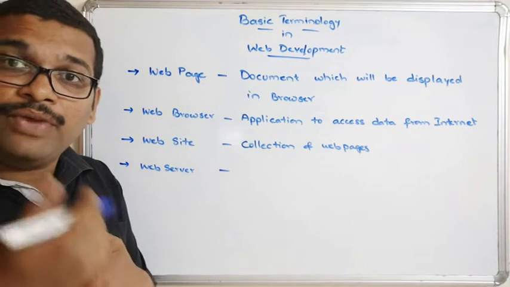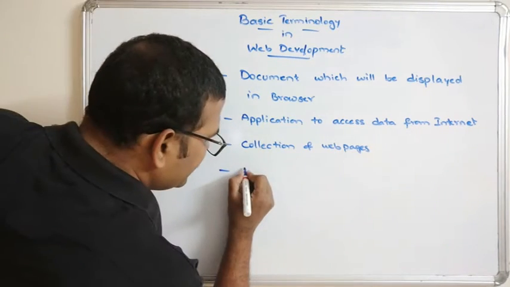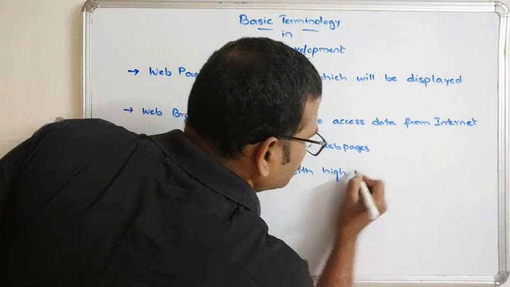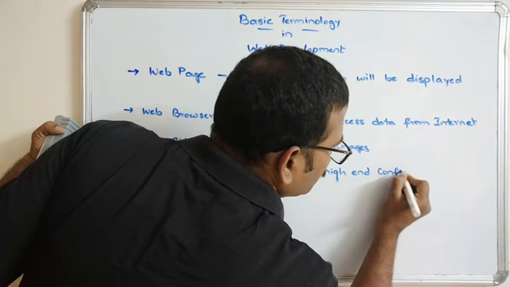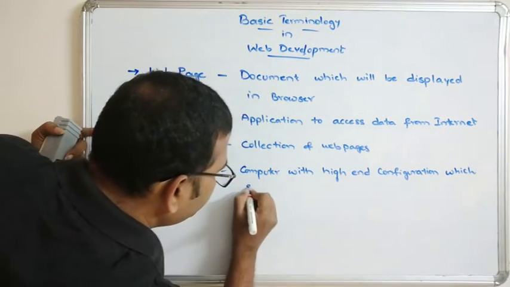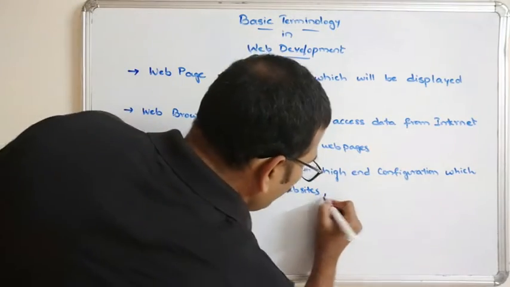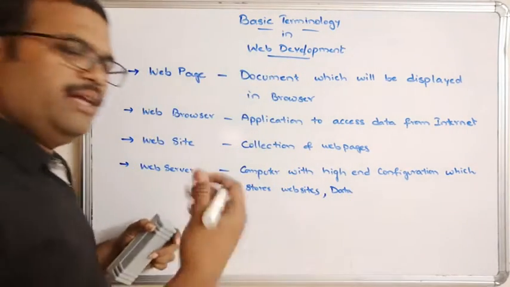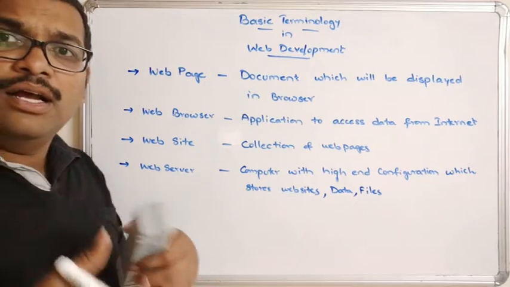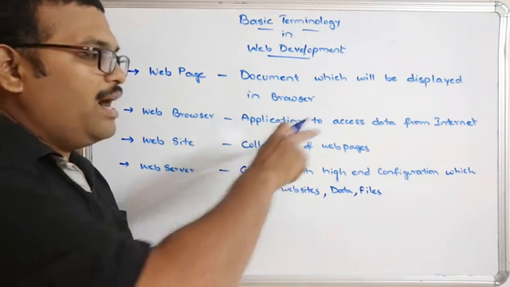This is a computer where these websites will be available, with a high-end configuration, which stores websites, that means web pages, databases, files, etc. Everything will be available in the web server, so that we can access the data from the web server.